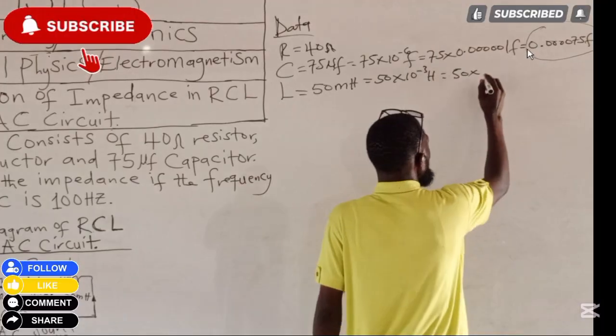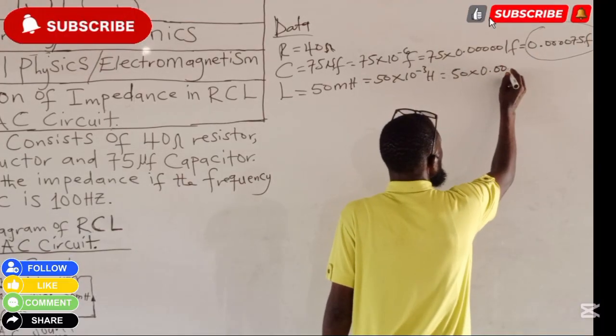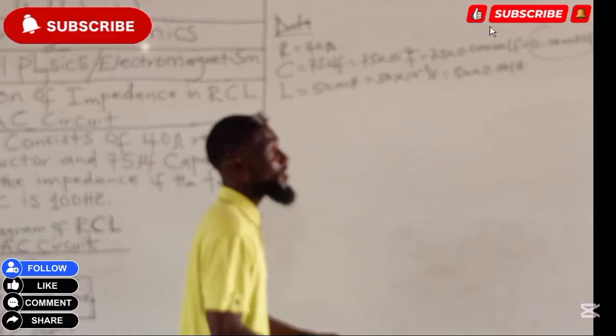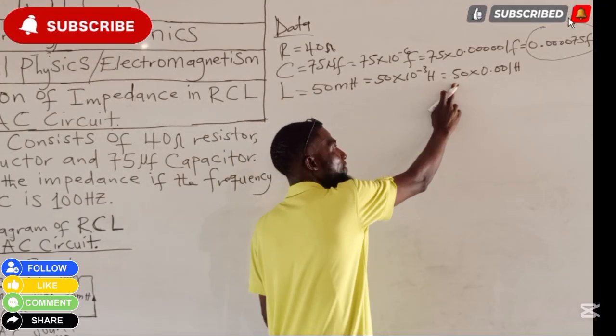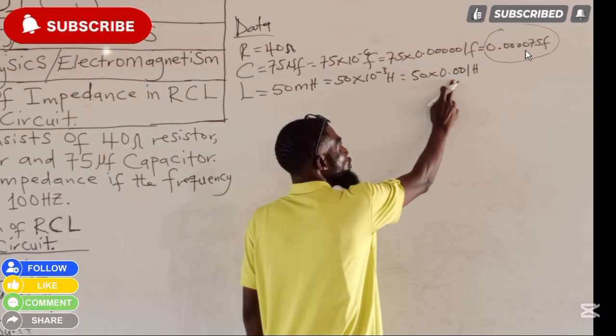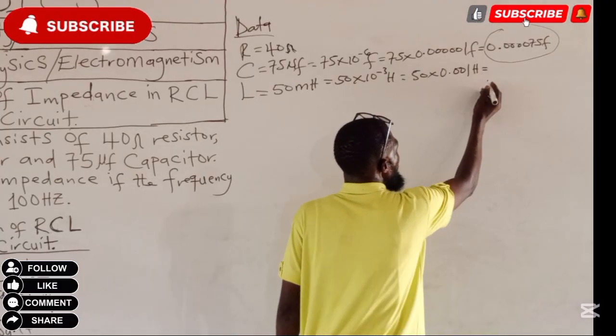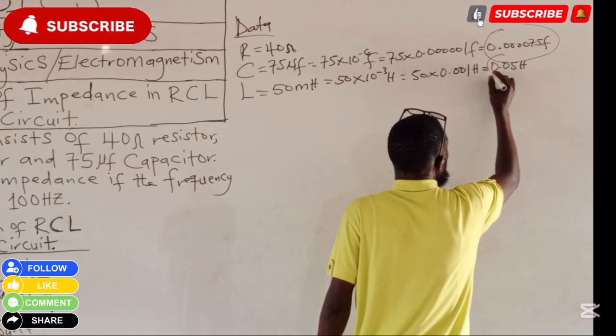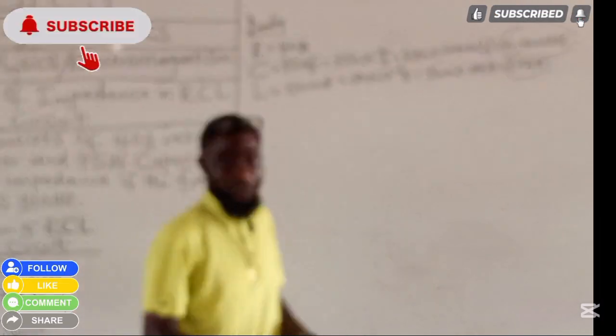So we say 0.001 Henry. When we multiply 50 times 0.001 Henry, automatically we have 0.05 Henry. So we'll also be using this to solve our problem.